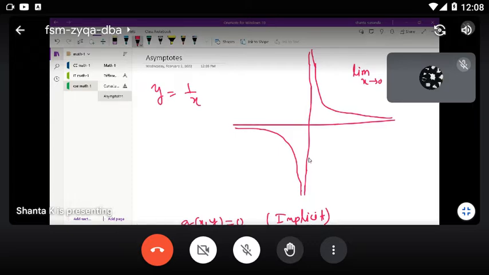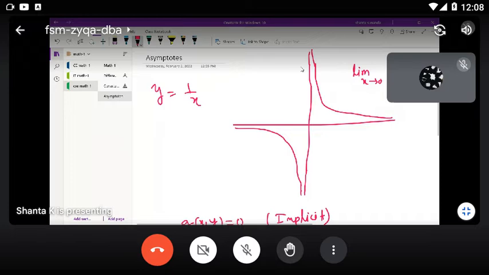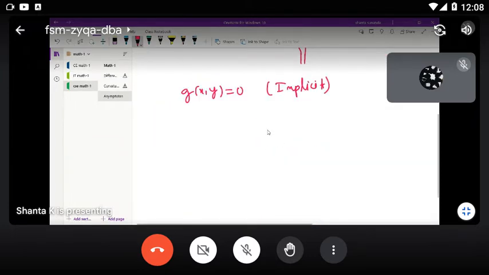If the distance of the curve from a straight line L tends to 0 as x or y or both approach infinity, then the line L is called the asymptote. Here in this very easy example, you can see the x and y axes are the asymptotes.